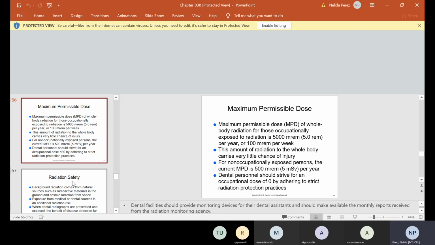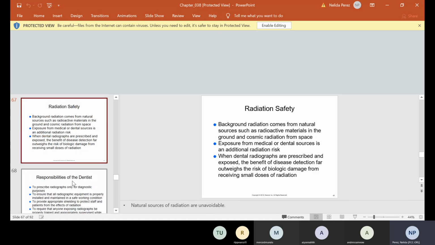For non-occupationally exposed persons, the current MPD is 500 mrem, which is 5 mSv per year. Again, just remember 5.0 rem. Dental personnel should strive for an occupational dose of 0 by adhering to strict radiation protection practices. So if you are doing everything that we're going to discuss, you will be at 0.